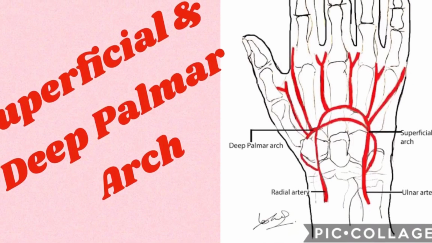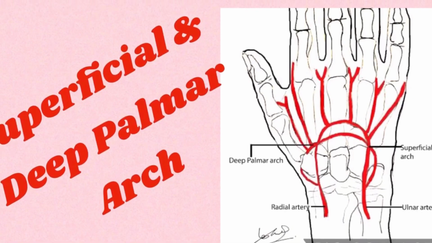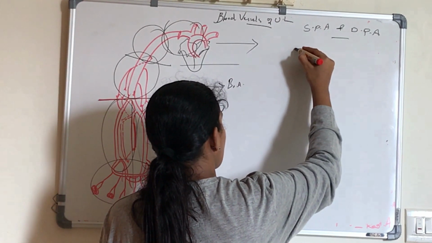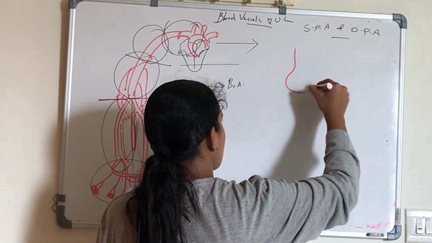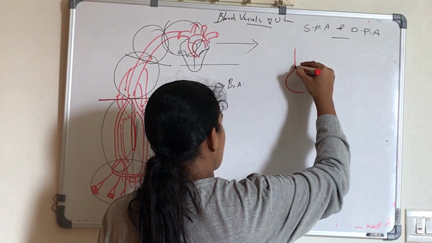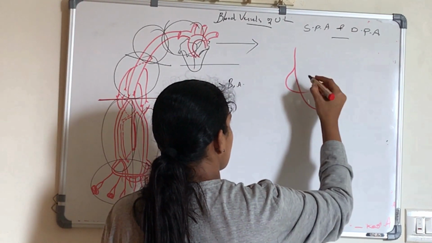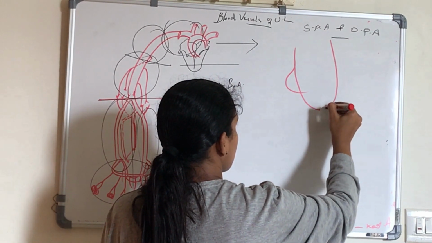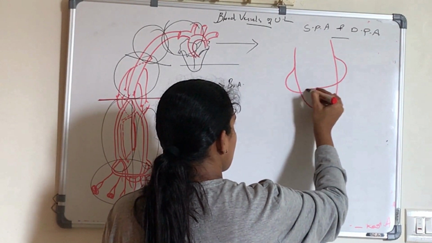Superficial and deep palmar arches. The radial artery forms the deep palmar arch, and the ulnar artery mainly contributes to the formation of the superficial palmar arch.